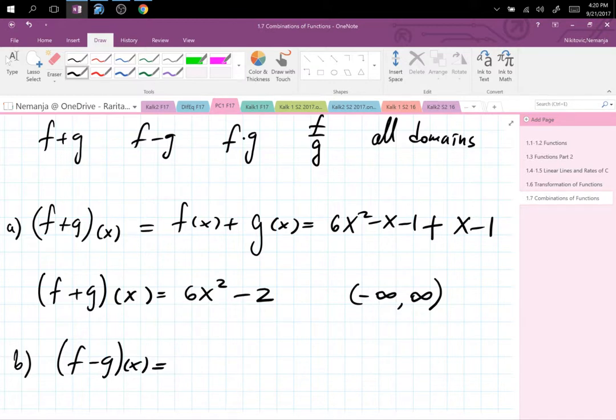For polynomials, like x squared and x cubed, all numbers are in the game, because any number can be squared: positive, negative, fraction, irrational, rational. Every number under the sun can be squared, multiplied by 6 and subtracted 2. So that's why it's negative infinity to positive infinity, just by looking at the shape of the problem.